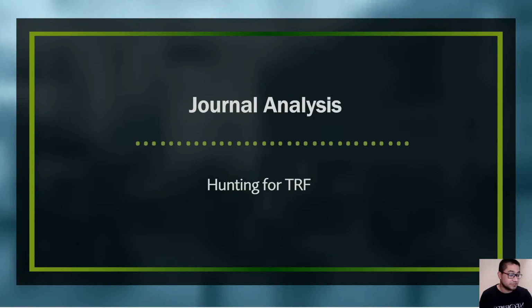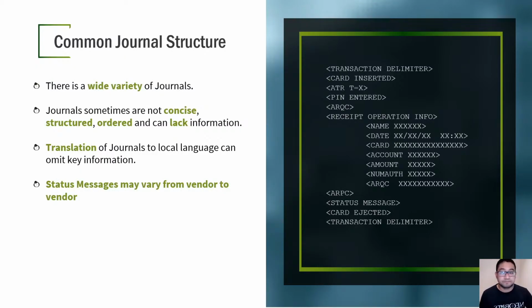So now we are going to study a little bit of journal analysis and try to hunt for this transaction reversal fraud. The common journal structure is like this. We have a wide variety of journals, and this can vary from vendor to vendor, from software to software, from ATM to ATM.